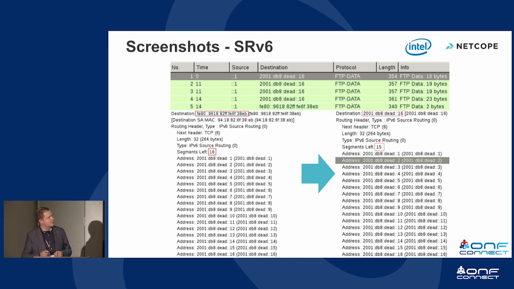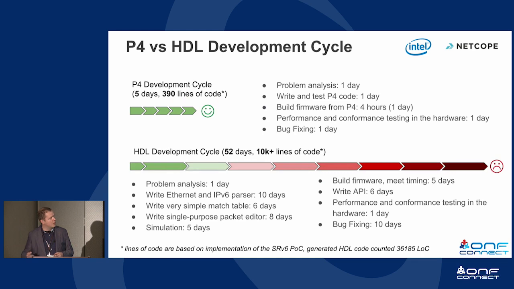Why did we do this exercise? Not only because this is something that was requested by one of our customers, but also because it nicely demonstrates the difference in productivity of P4 as compared to traditional FPGA development languages.